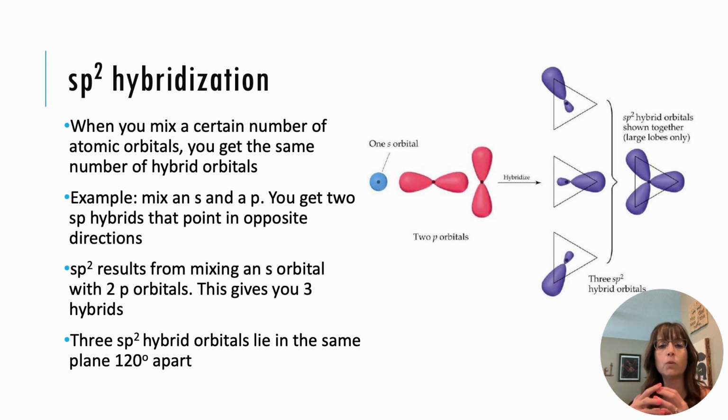The bigger lobes will point away from each other because that's where we find more electron density. And again, they want to repel and be farther apart. But take a look. What's the shape? Trigonal planar. So sp2, 3 things. s p p, 3 things. Trigonal planar, which means we have 120 degree angles.